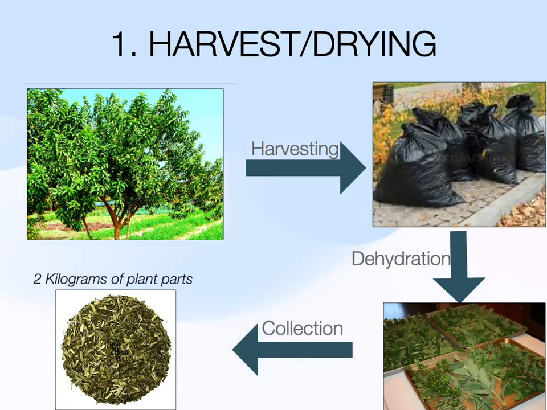following which they are subjected to a dehydration step where they're laid out on a flat surface to allow for removal of any water that's present within the leaves themselves. After a predetermined amount of time, the dried leaves are then gathered together and then weighed.